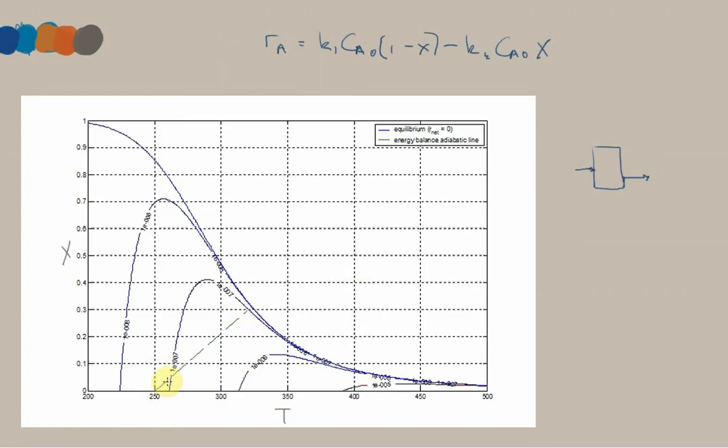As we consider increasing volume along, for example, a CSTR, we progress along this line, achieving higher conversions. And we noted that as we achieved different conversions along this line, the reaction rate was changing. As we start nearing this equilibrium line, or this equilibrium point, that specific point which is accessible to this reactor, the reaction rate progressively reduces.